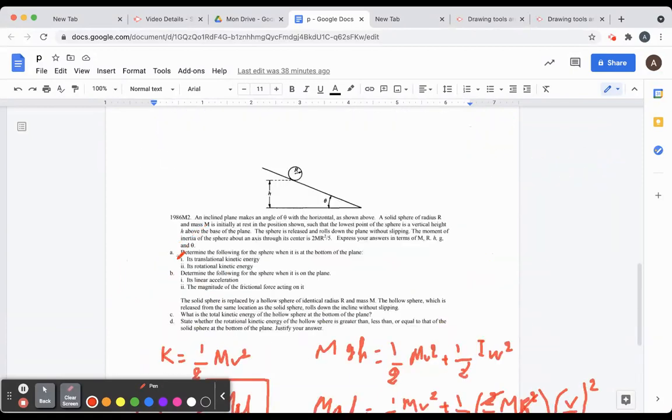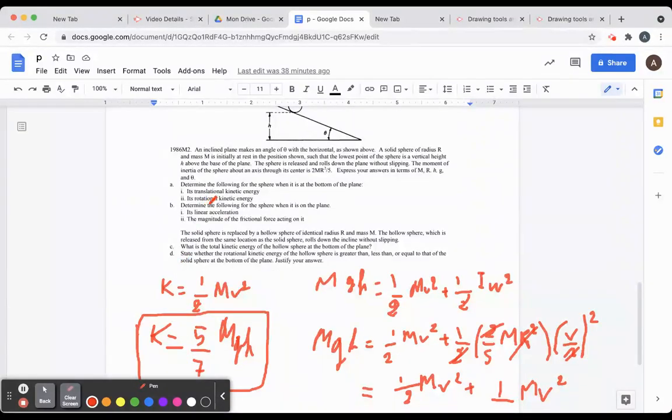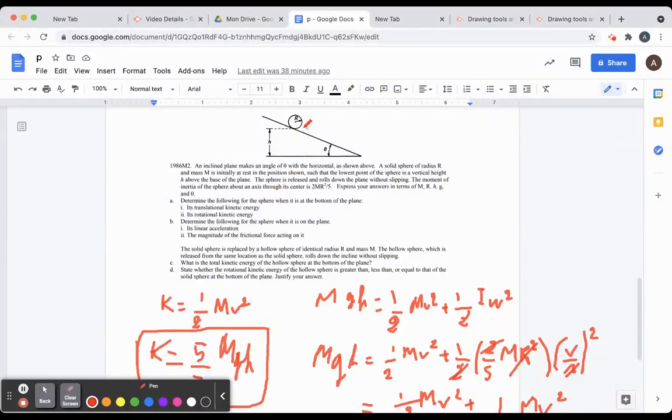Now I'm done with A2, and determine the following for the sphere when it's on the plane: its linear acceleration. So we gotta find the linear acceleration when the sphere is here and it's without slipping.